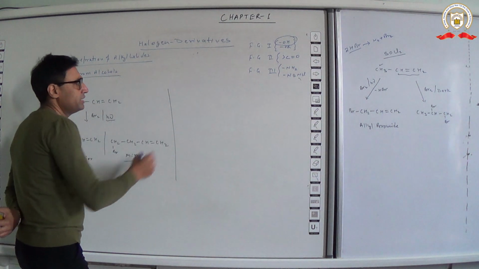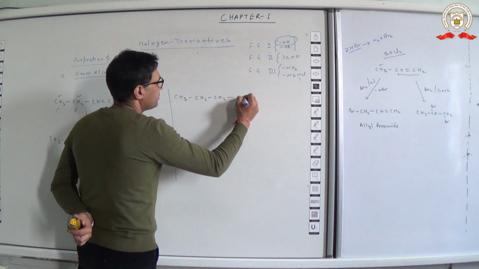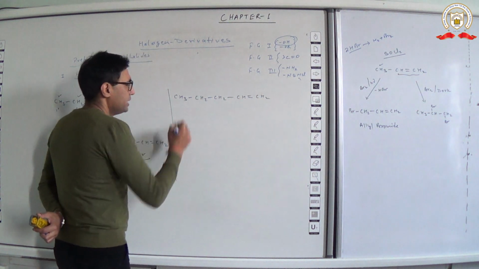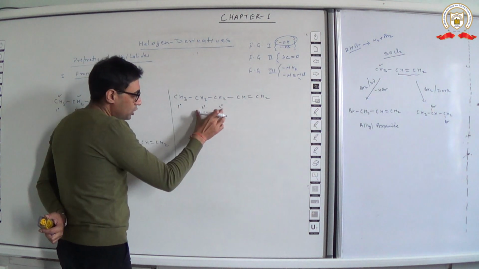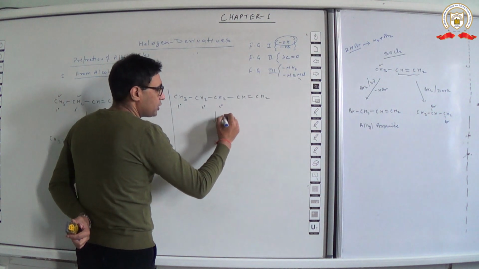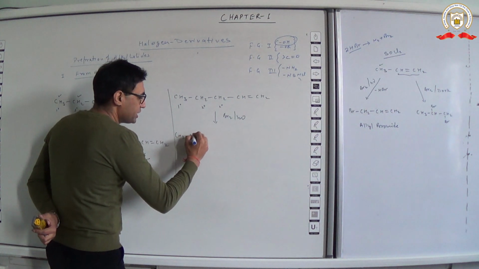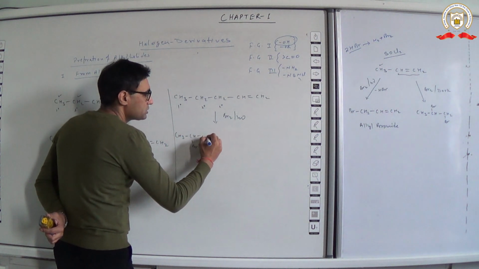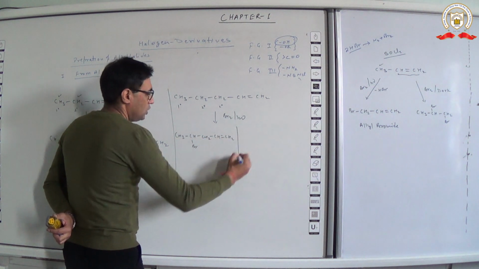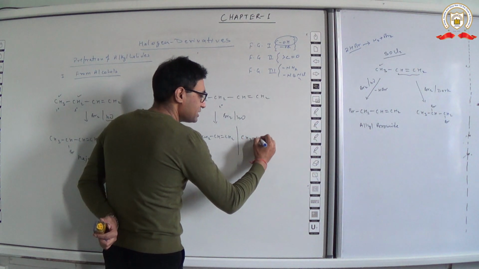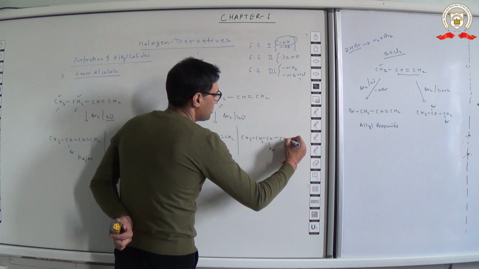Now a question comes to our mind. Suppose I have more than one 2 degree free radical, what will happen? I have got this compound. Here this one is 1 degree, this one is 2 degree, and this again is 2 degree. Now based on these two 2 degree positions, the two different products possible are CH3 CHBr CH2 CH double bond CH2, or a second compound, CH3 CH2 CHBr CH double bond CH2.